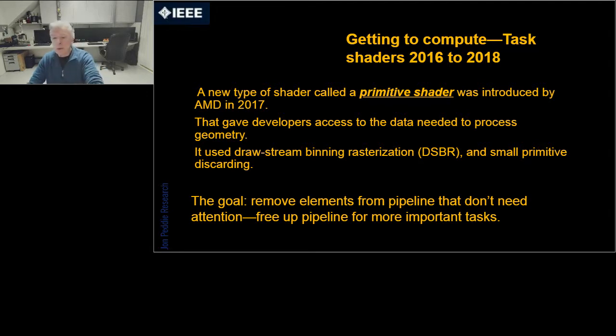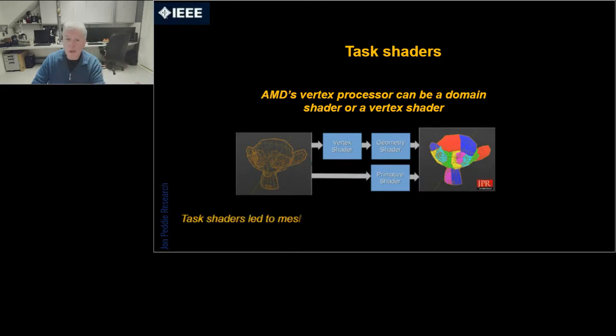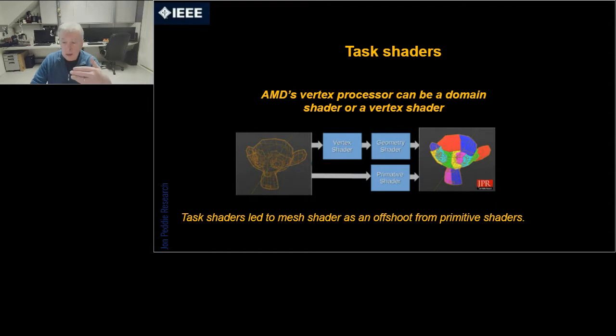Primitive shaders, I might point out, are the heart and soul, if you will, of the PlayStation 5. That's making very big use of primitive shaders, and you can still do primitive shaders, by the way. So basically, all they do is they just say, look, a processor can be a domain shader or a vertex shader. And that's just a function of how you instruct it. So this becomes the precursor, if you will, to mesh shading.